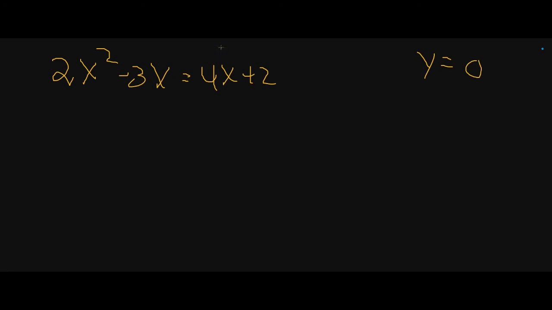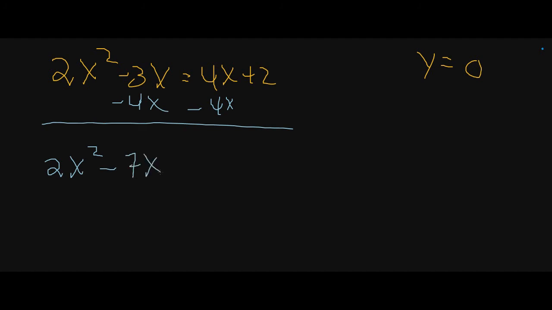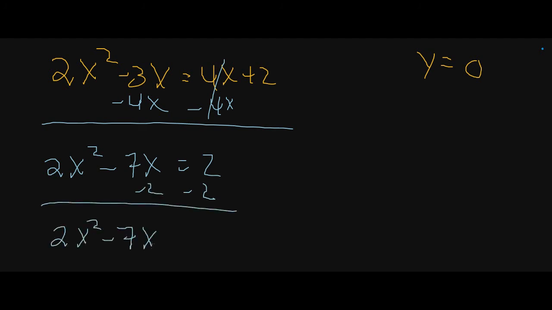We just want it to be equal to 0, because that's when our roots occur. So you need to make sure you move everything to one side. For example, you subtract 4x from both sides, and we get 2x squared minus 7x is equal to 2. Next, we subtract 2 from both sides, and we get 2x squared minus 7x minus 2 is equal to 0.